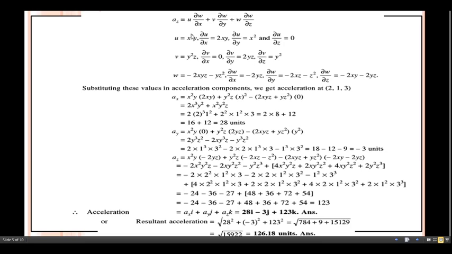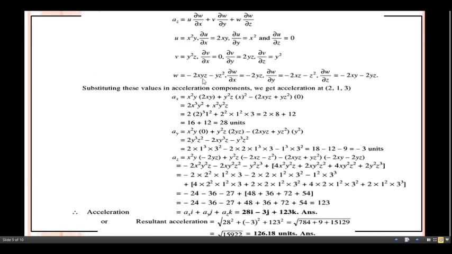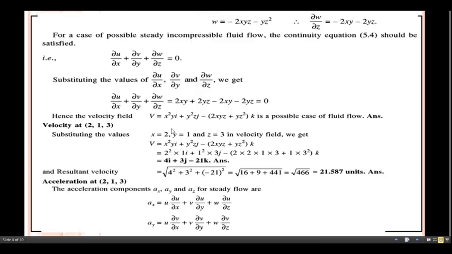Now just focus on the various values here, ax, ay. My aim is to get the value of each separately, and if I substitute, I can get the acceleration components along the x, y, and z directions. For that, first of all, see the value of u, then ∂u/∂x, ∂u/∂y, ∂u/∂z.